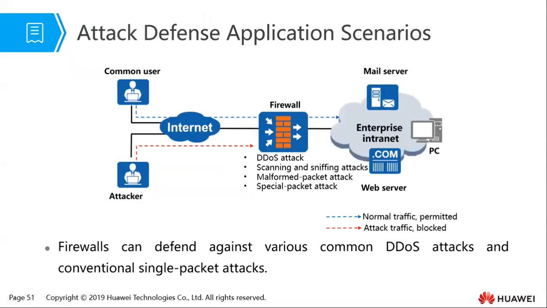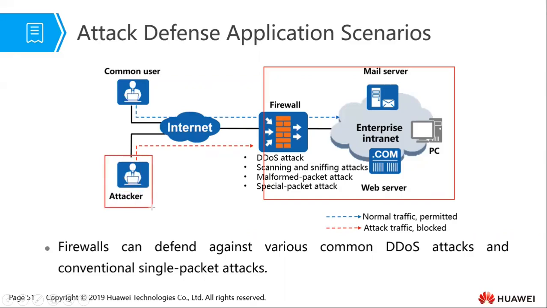So, the attack defense application scenario. Generally, you'll deploy your firewall just before the router that is connecting you to the internet, so that if an attacker wants to attack your intranet, the firewall is going to detect that attack and actually stop it.